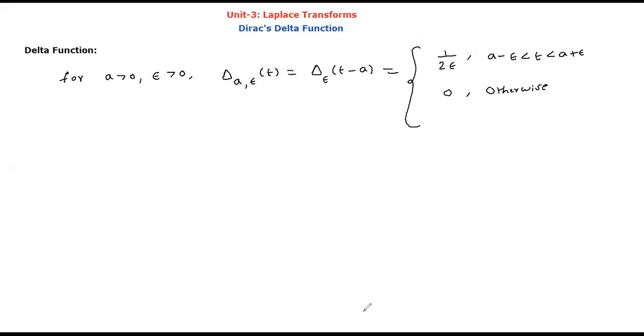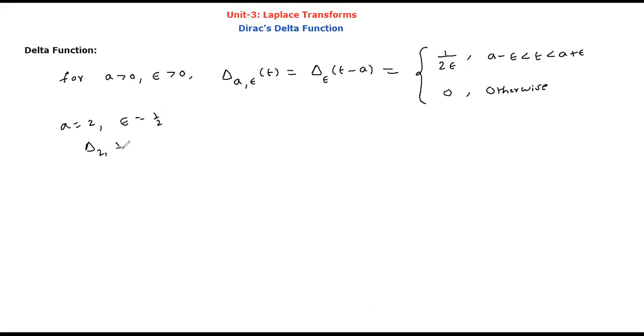Now what is the graph of this Dirac delta function? For each epsilon, delta epsilon a of t is one function. Suppose you choose a equals 2, epsilon equals 1 by 2.